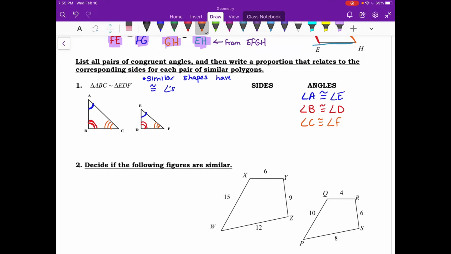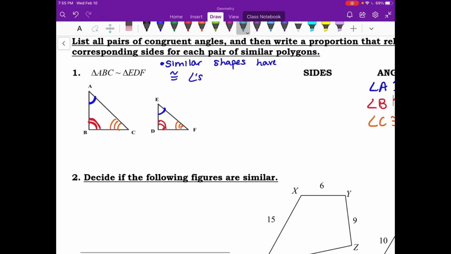Now, since these are similar shapes, they don't have any congruent sides, but they do have corresponding sides that are proportionally the same as every other corresponding side. So I'm going to write out some proportions. My first proportion is going to be with AB, and I'm going to put it over the corresponding side from my second shape, which is ED.